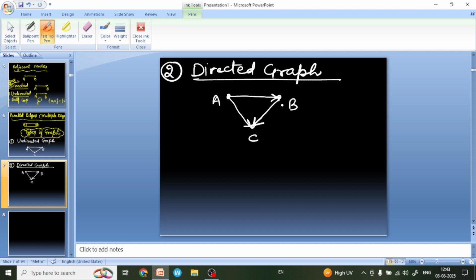A graph in which every edge is directed is known as a directed graph.